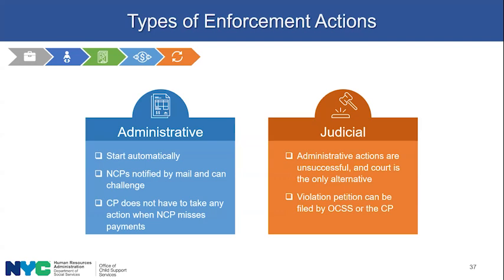There are also judicial actions that OCSS starts only when administrative enforcement is unsuccessful and there's no alternative but court. However, a violation petition can also be filed by the custodial parent, who does not have to wait for our administrative enforcement. Next slide.